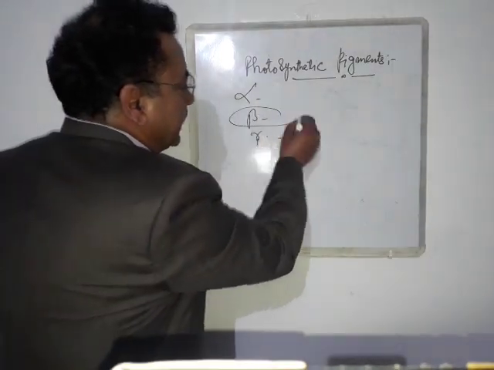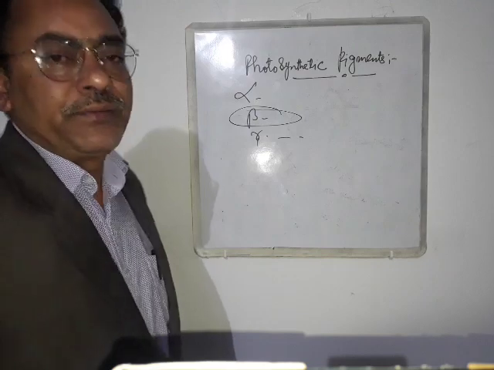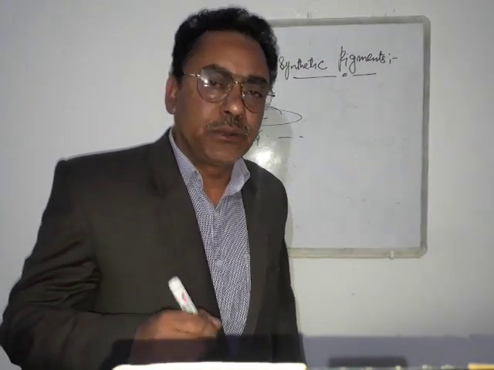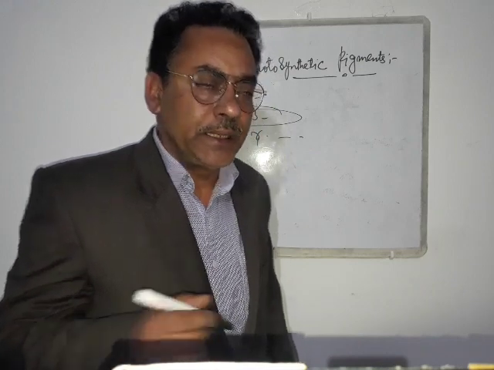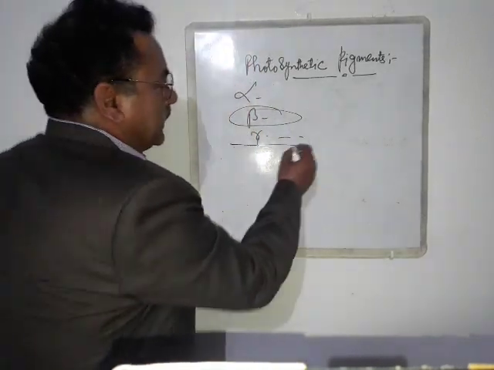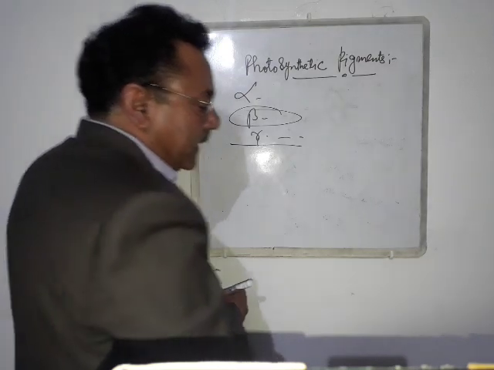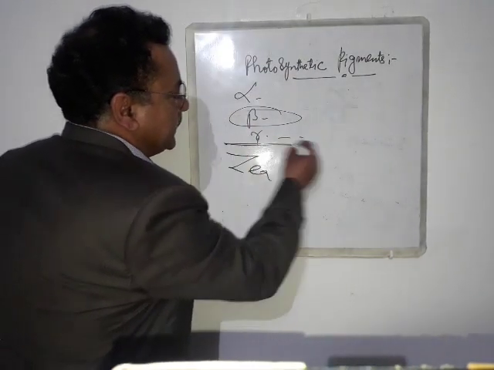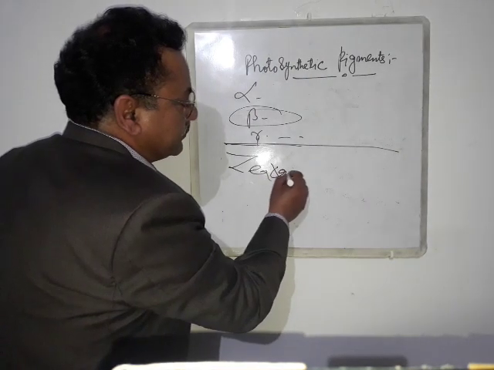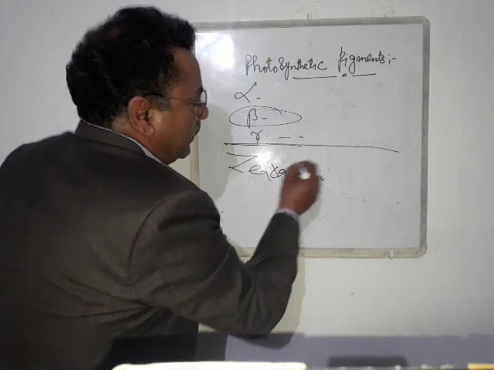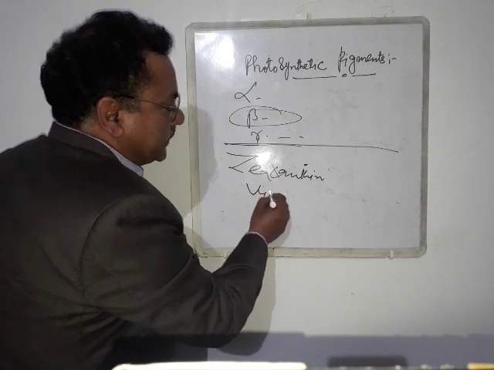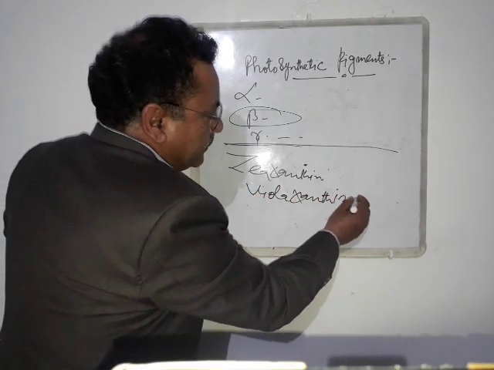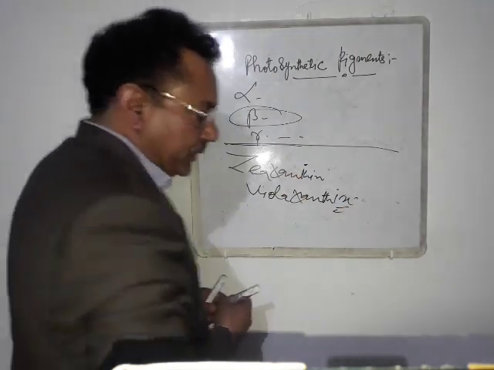Out of these, beta carotene is most abundantly found in the plants, and in our body this beta carotene is changed into vitamin A. On the other hand, examples of various types of xanthophylls include zeaxanthin and violaxanthin. So these are examples of xanthophylls.